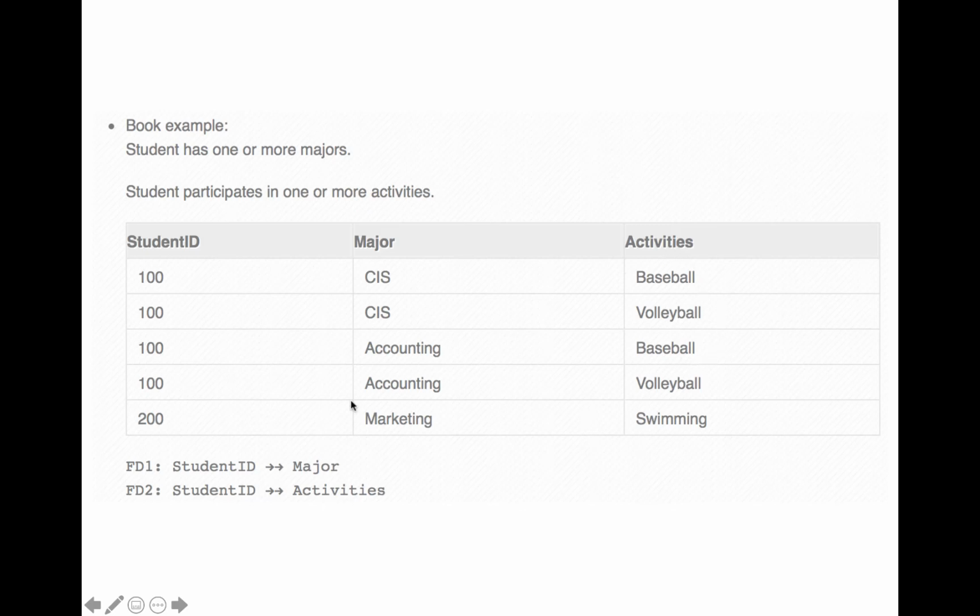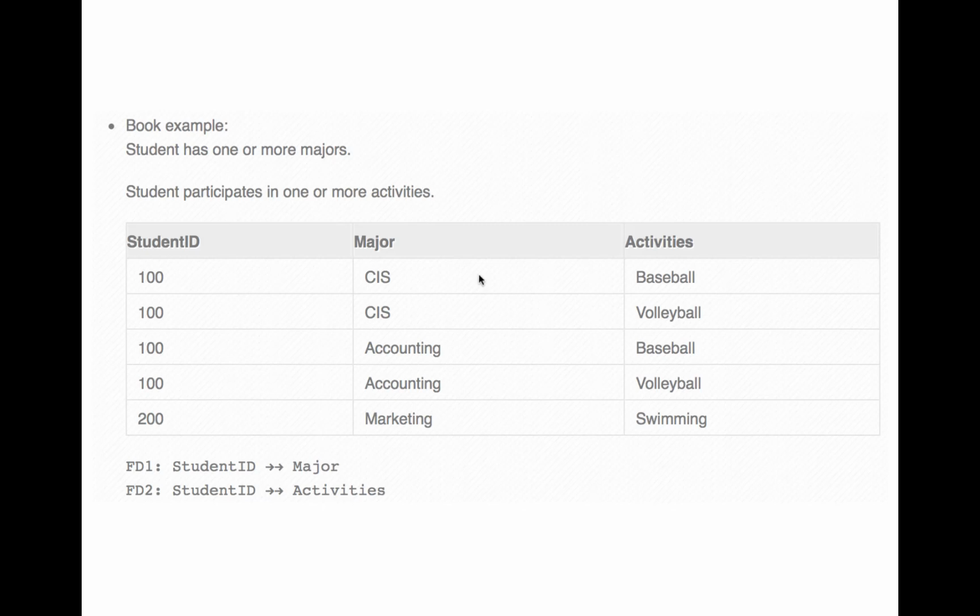That's why you have these dependencies: student ID determines several majors, and student ID determines multiple activities. In this case, you have some redundant data, and that's going to cause problems.